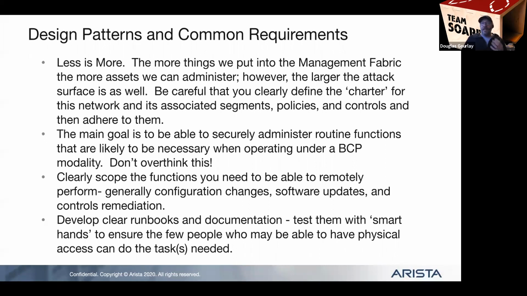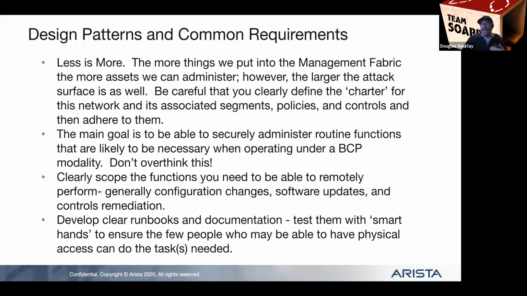So this is my rationale for, candidly, how I get away from having to build this type of infrastructure for the campus. Because in many cases, access to the campus networks is reduced or compromised during the type of situations where we need to have our strongest dependency on these out-of-band and remote management infrastructures, okay? The main goal is to securely administer routine functions. Don't try to solve everything.